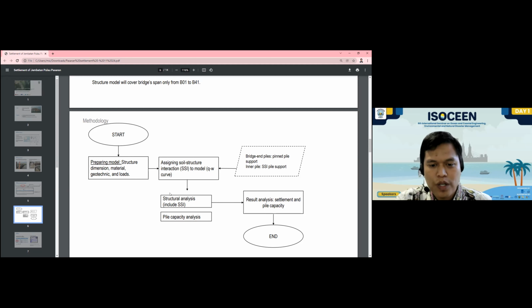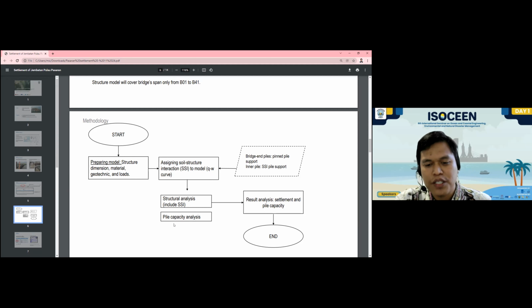And then we start to analyze the model. It includes SSI, soil structure interaction, and in parallel we conducted some pile capacity analysis.